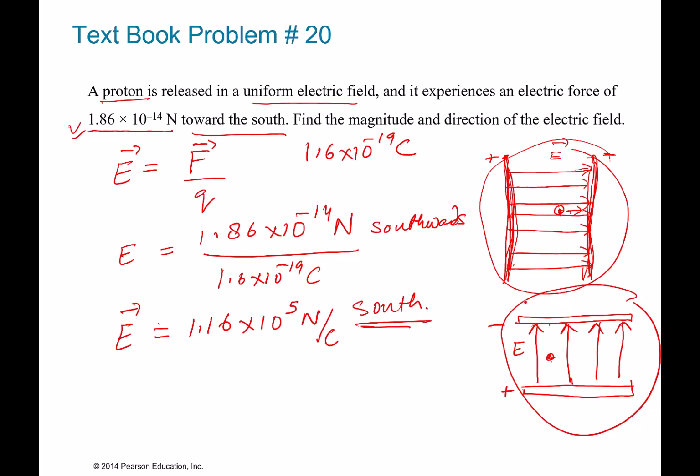Because my plates are this way, the electric force will also be in this direction. For me it is north, but if you swap the plates, you can say either north or south.